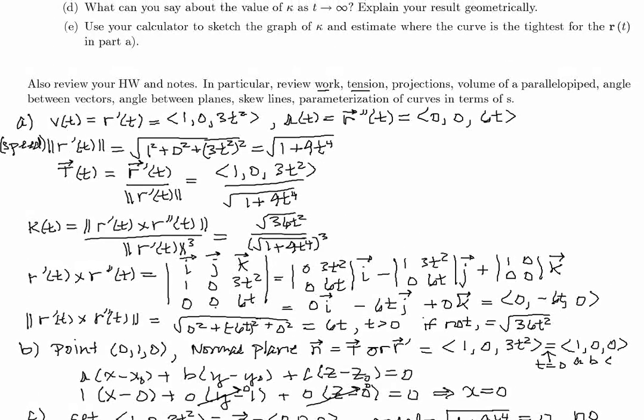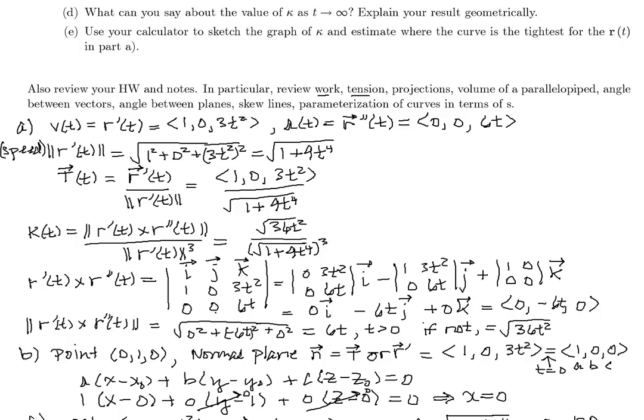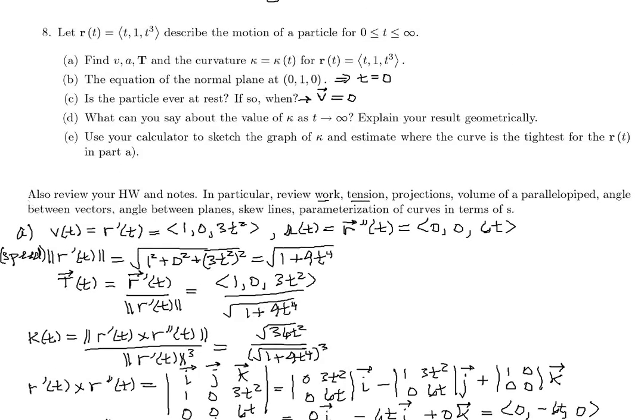Use your calculator to sketch the graph for kappa and estimate where the curve is tightest for the r of t in part A. So in other words, at what point or what t value is that curve tightest? Oh, you know what? I'm sorry.